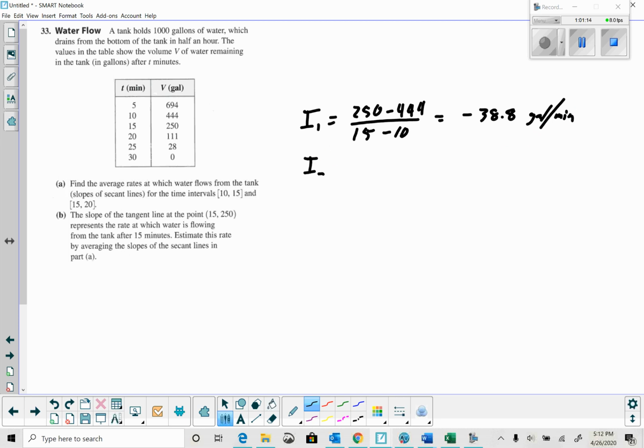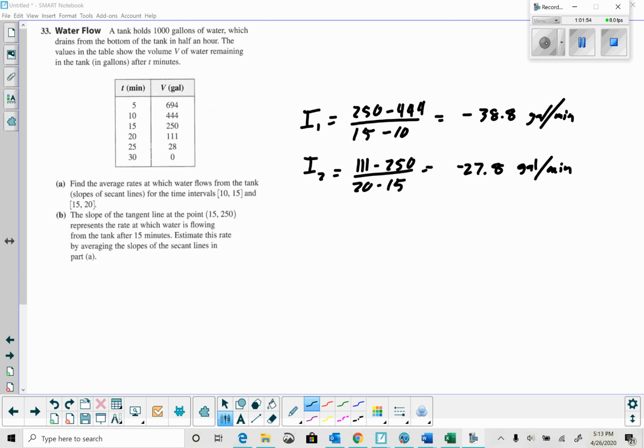For the second time interval, we're going from 15 to 20. So at 20 minutes, it was 111, 15 minutes to 250, over 20 minus 15. Again, it's a 5-minute interval, but now, look, it's not the same. 27.8 gallons per minute. It's not a constant rate of change.